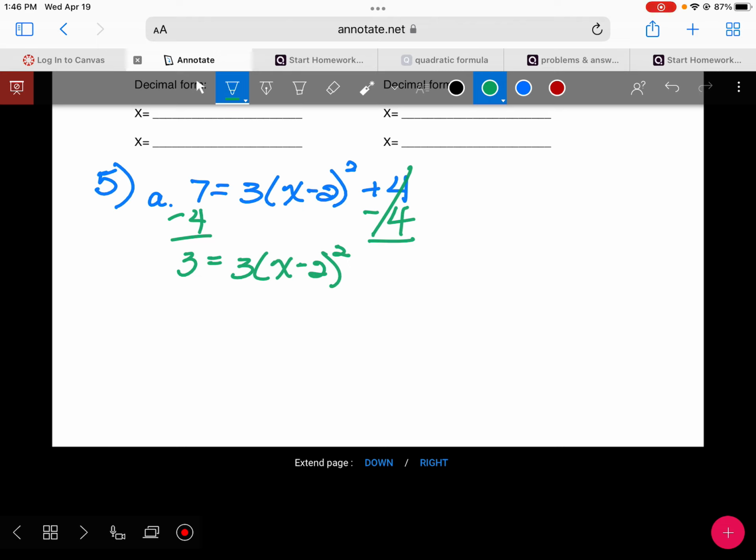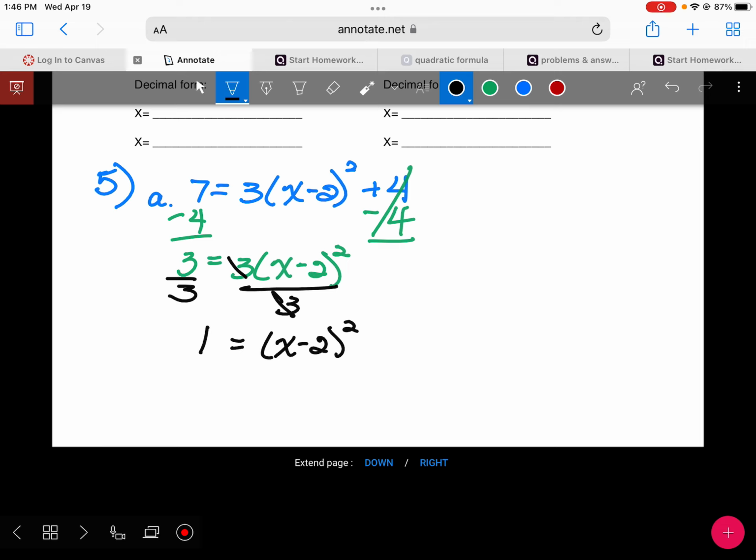Divide, because the 3 is being multiplied by that (x minus 2) squared, right? So if I divide by 3 here, I'm going to divide by 3 over here. The 3 over 3 simplifies. I get (x minus 2) squared equals, and 3 divided by 3 is 1.